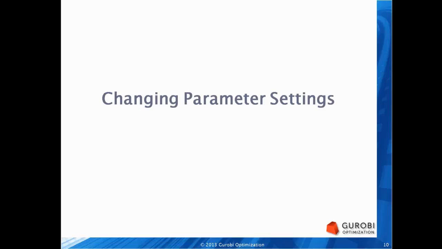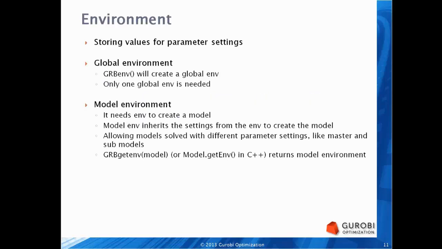Now I'd like to talk about how to change parameter settings. First, I need to talk about the environment. We use the environment to store values for parameter settings. And for Gurobi users, you only need to create one global environment. In C, you can call GRBloadenv to create a global environment.